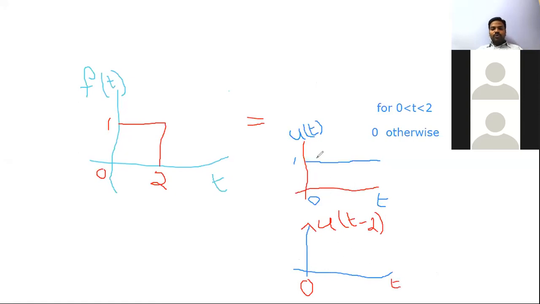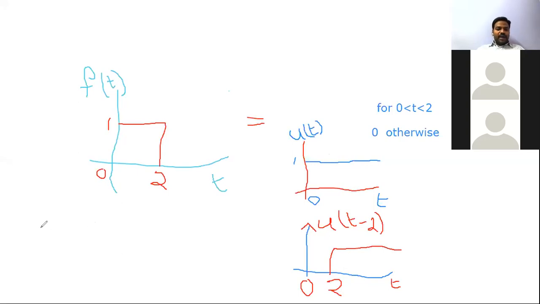Because the basic u of t signal is delayed by 2. Whenever I'm using a minus symbol, obviously that one is delayed. The delayed signal starts from 2 onwards. So from 2 to infinity, this value is equal to 1. And from 0 to infinity, this value is equal to 1.